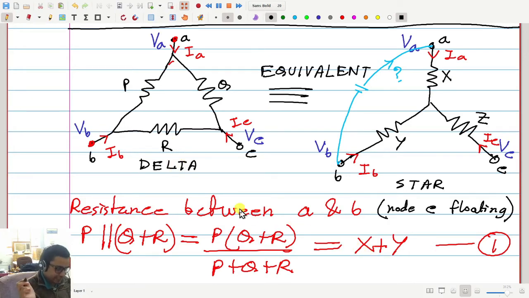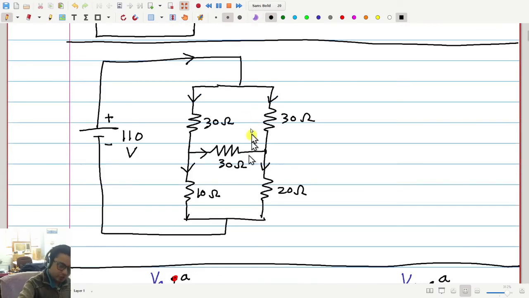The answer is yes. And very soon we will learn other general methods with which you can solve any circuit without doing any conversion. Another, sir, the last question, we can solve with Kirchhoff's law? Yes, this question also you can solve using Kirchhoff's law, and the answer should come the same.